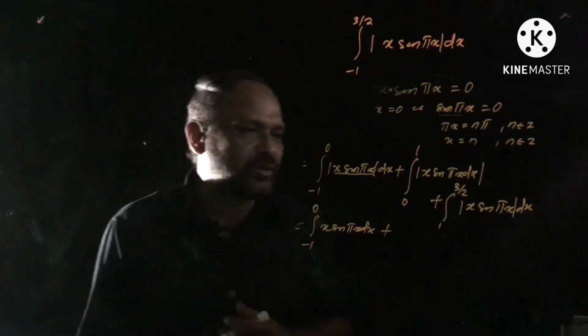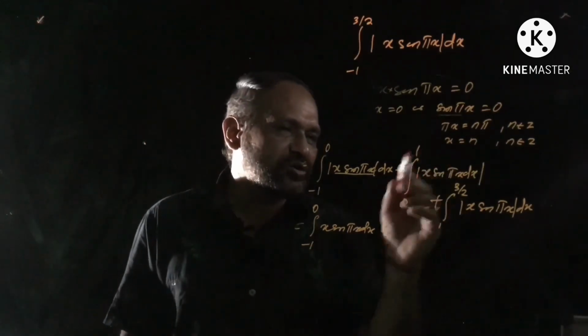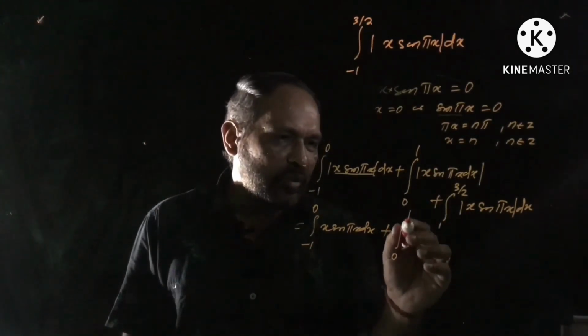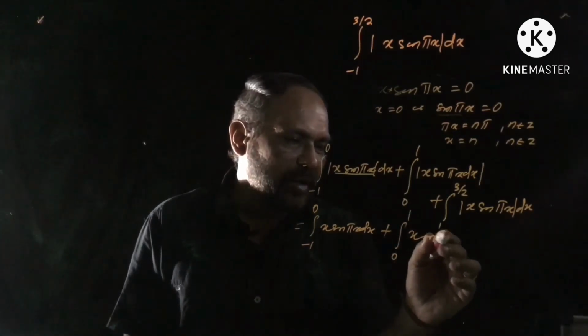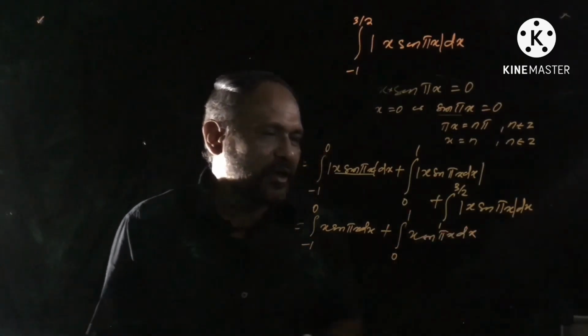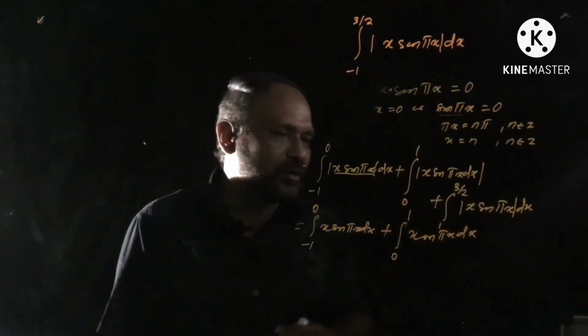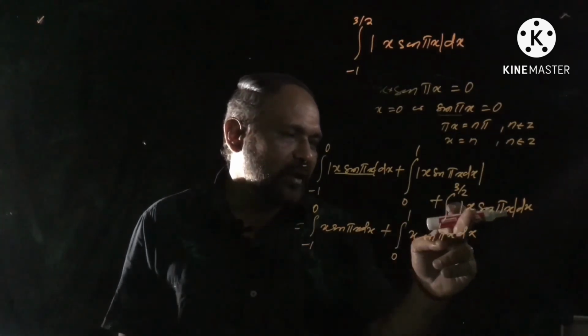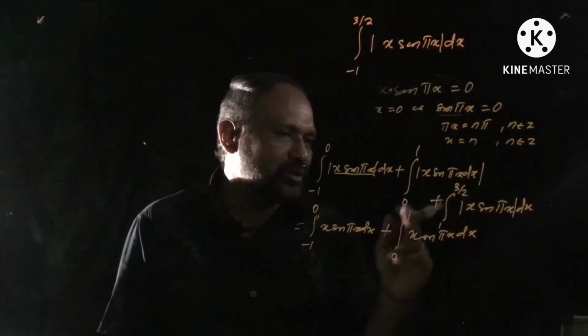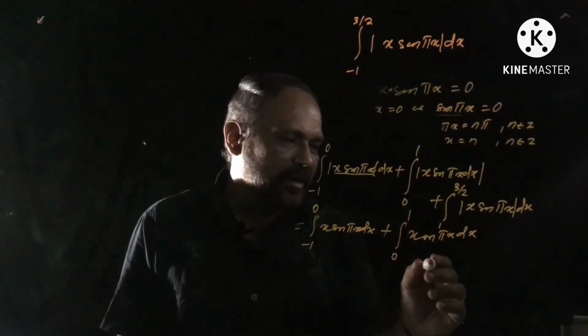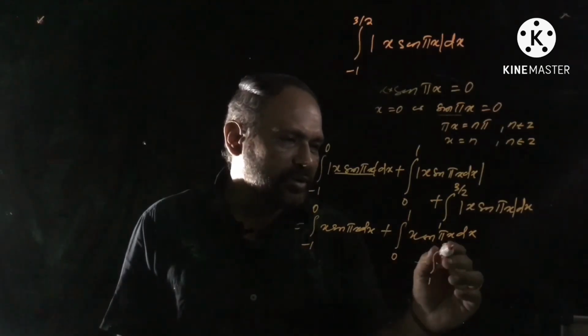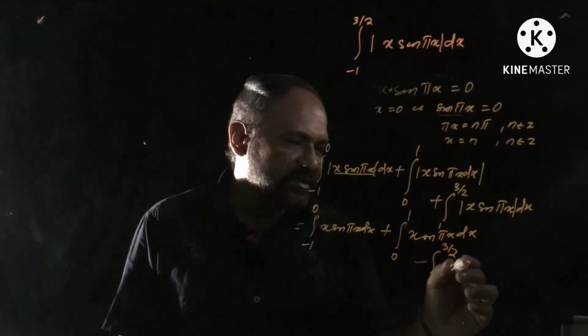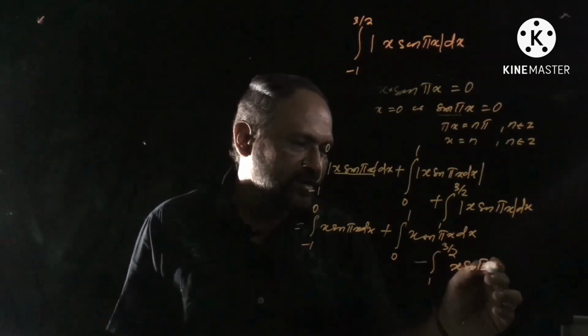If we take x is equal to half, then this is also positive. So we write 0 to 1 of x sin pi x dx. If we take x is equal to 3 by 2, then this is 3 by 2 sin 3 pi by 2, which is negative. So we can write minus of the integral from 1 to 3 by 2 of x sin pi x dx.